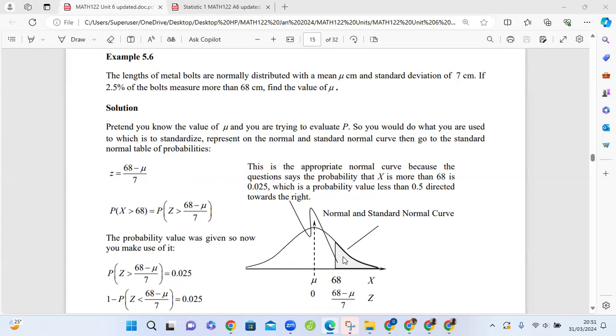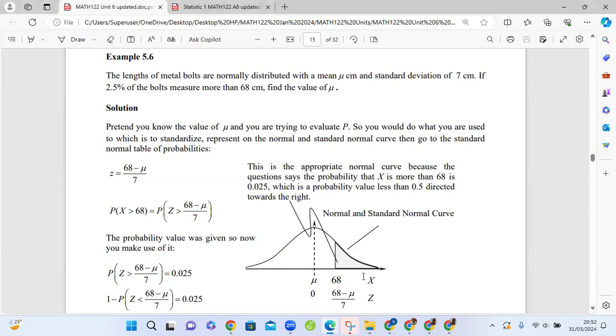Okay, what kind of tail? You shade an area which is less than 0.5 or greater than 0.5, towards the right or towards the left, depending on what was said. So the translation to symbolic form will give you a good indication whether to point to the left or the right. More than is to the right, less than is towards the left. And then your mu is 0, that's your standard normal curve. You go into the table.